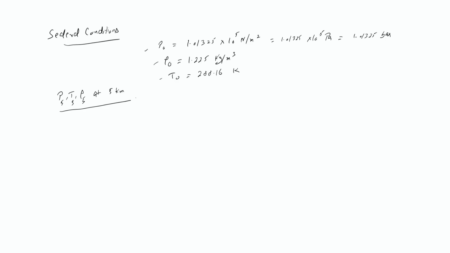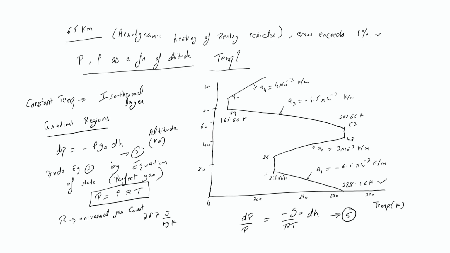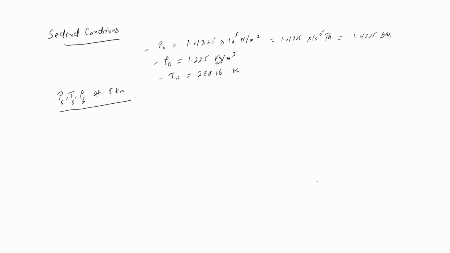Now we'll proceed further. How can we find the pressure, temperature and density at 5 kilometers? We see that the temperature variation is linear from 0 to 11 kilometers. So this variation can be written as the slope, dT upon dh.